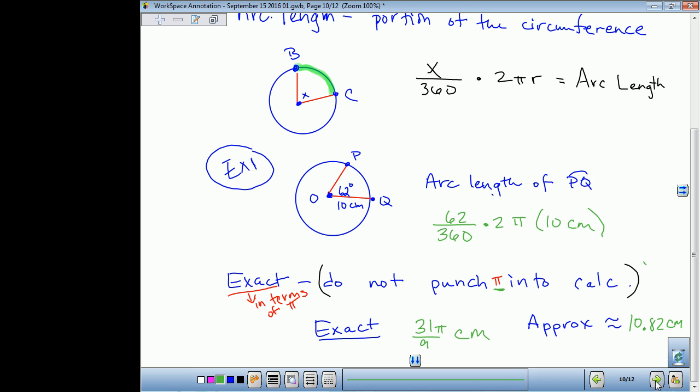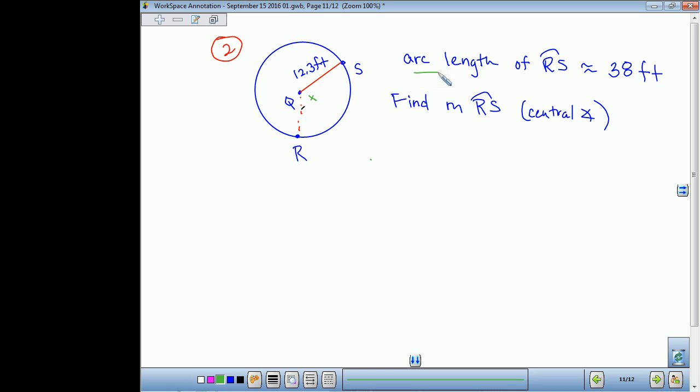Okay. Now, in this case, I gave you the central angle and I asked you to find the arc length. In the second example, I'm giving you the arc length and I'm asking you to go back and find the measure of the arc, which is the same as the central angle. The measure of arc RS is equivalent to the measure of that central angle, isn't it?